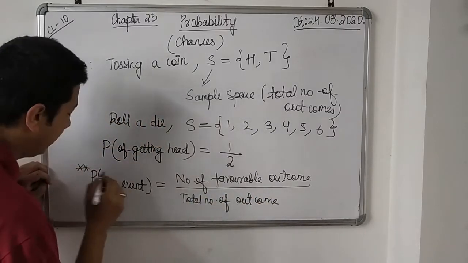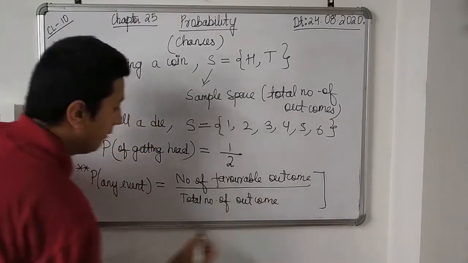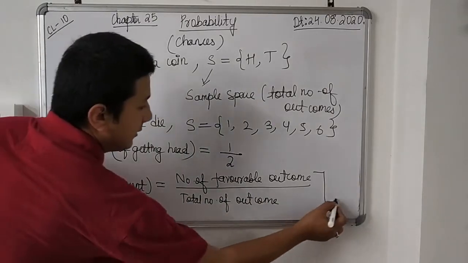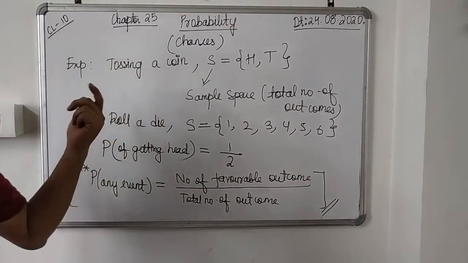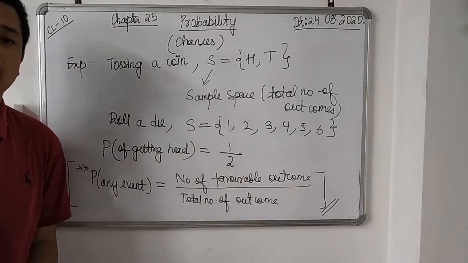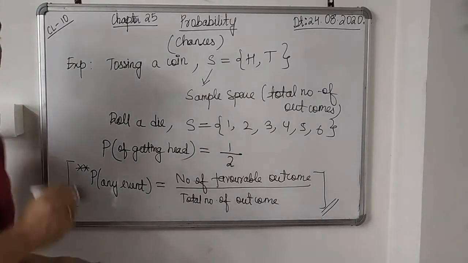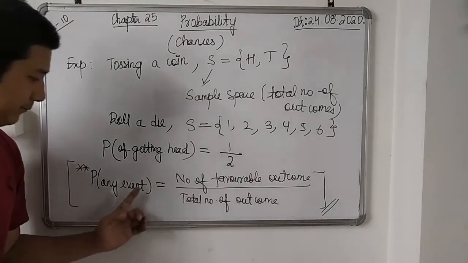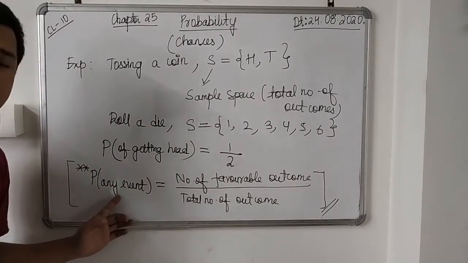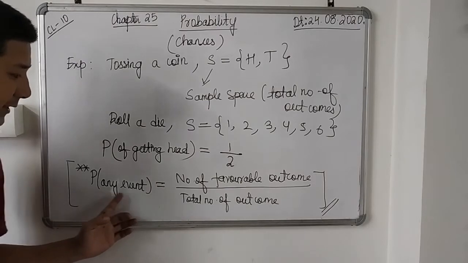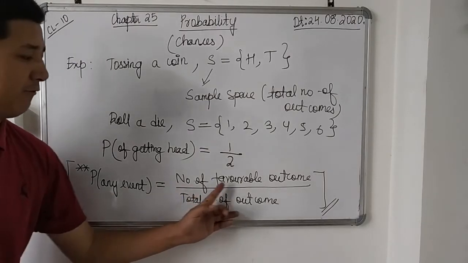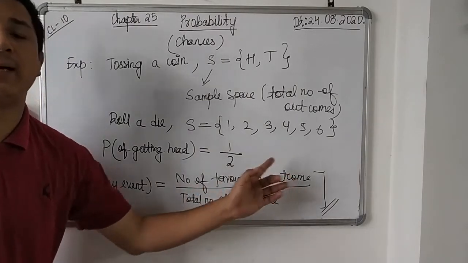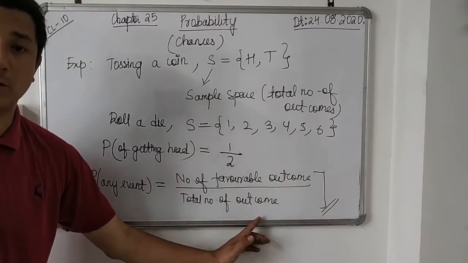Okay, don't worry, you'll understand it very easily because this is one of the easiest and one of the scoring chapters in your ICSE. Okay, so please remember the probability of any event, the formula is number of favorable outcomes divided by total number of outcomes.